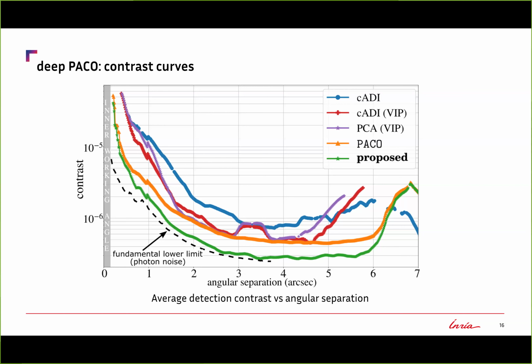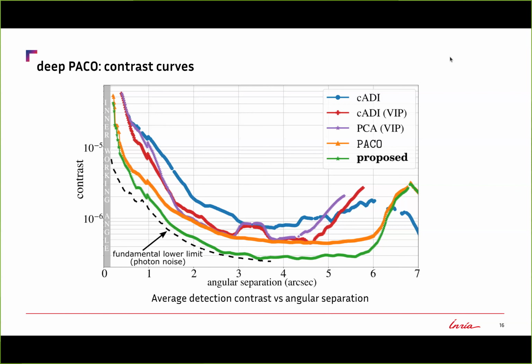So is there an SNR for the injected sources? Well, the SNR depends on what you model, but generally, yes. What we do for MODEL&CO, and also with DPACO, is that we inject sources in a given range of SNR, and the SNR is given by PACO in this case.